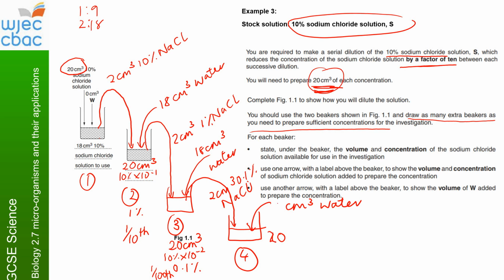I knew I would make a mistake. 18 cubic centimetres of water, and we would have a total volume of 20 cubic centimetres, this time of our 10% times 10 to the minus 3. 10% times 10 to the minus 3 is 0.01% concentration solution. So this is 1,000th of the original solution's concentration.